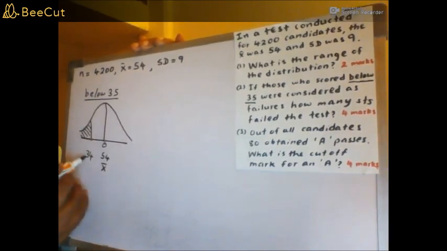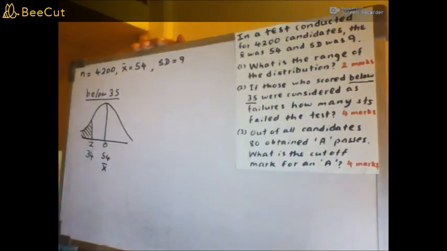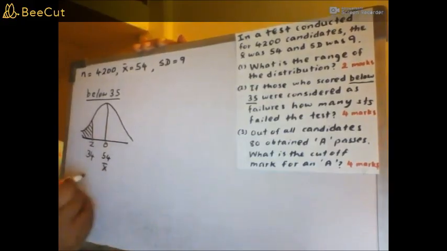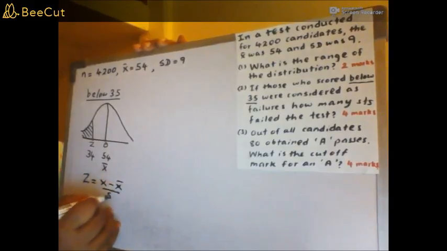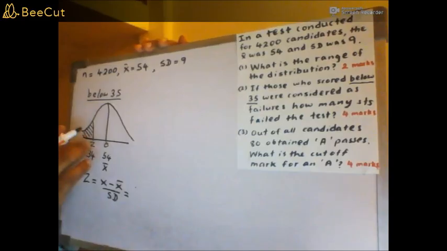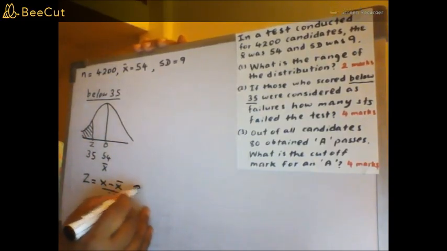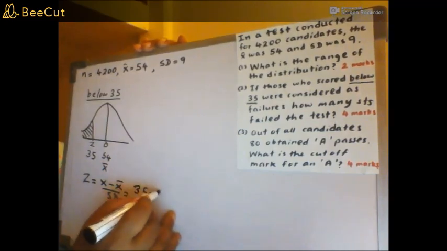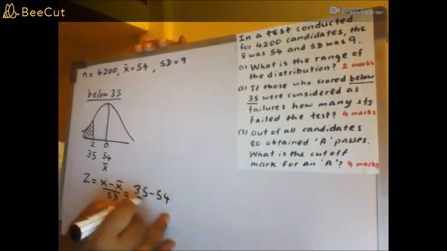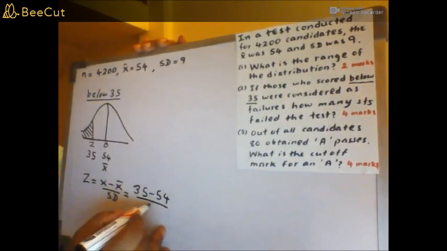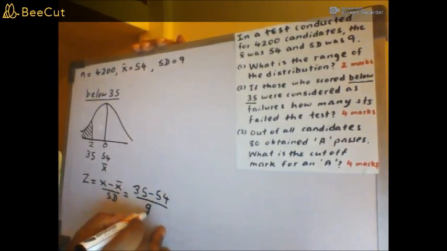Now what's the first step? Now we have to find the Z value, right? We have to go through this route now. What is Z? Z equals x minus x bar divided by SD. So x is 35 minus 54 divided by 9.